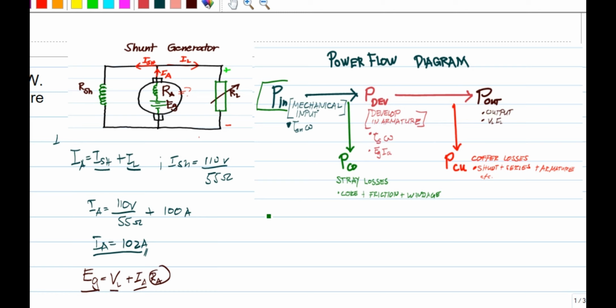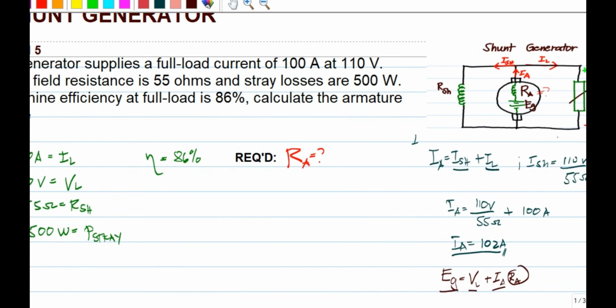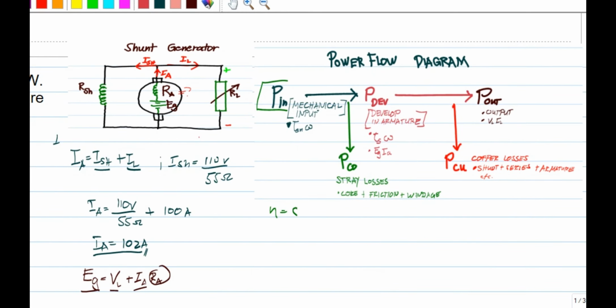Since given an efficiency of 86%, and the formula of efficiency is equal to P output over P input, we can now get the P input.